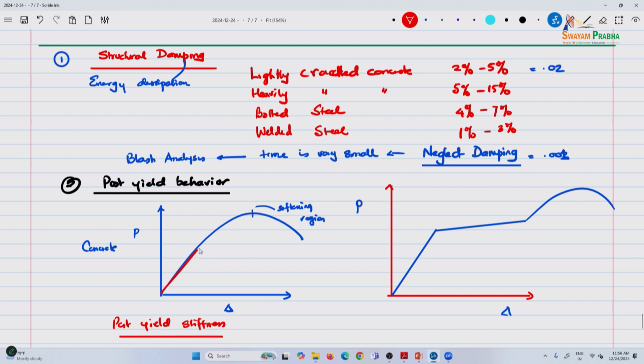So you have up to yield a certain K1. Here, for example, this is K1, the initial stiffness or the elastic stiffness, and the stiffness is in either newtons or kips per inch.